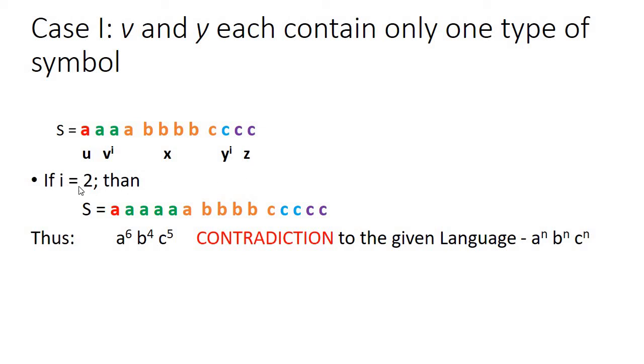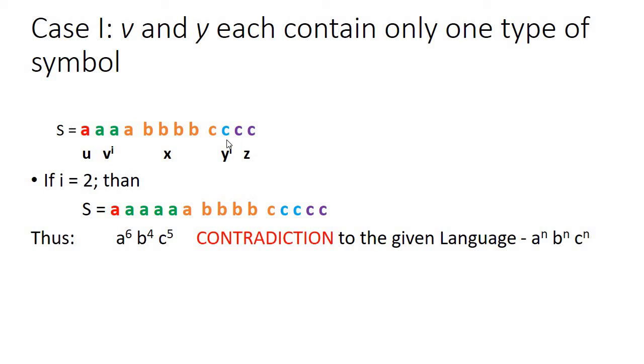So if i is equal to 2, then we have a new string. By changing v^i as v to the power 2, we can have 2 a's twice. In the green color you can see 2 a's come twice. There are 4 a's, and same for y to the power i, that is 2.